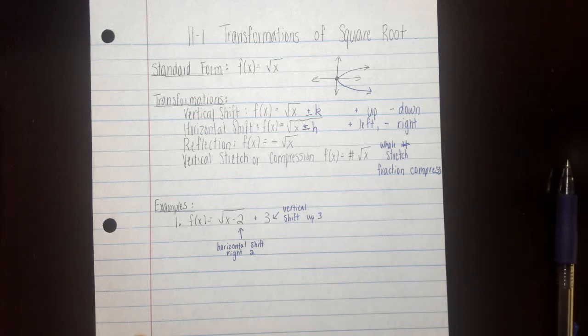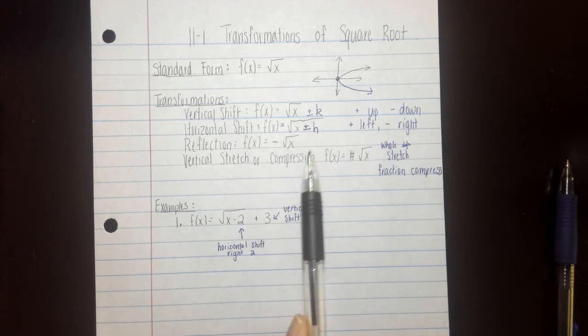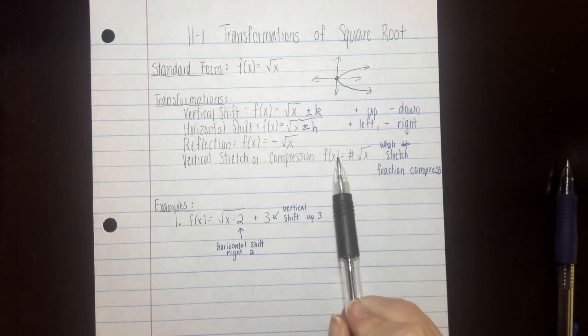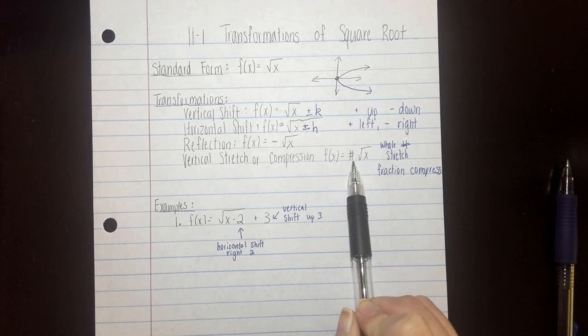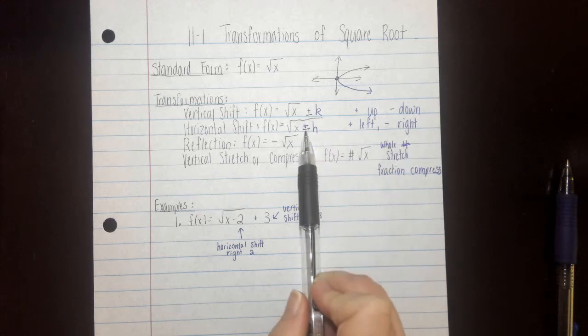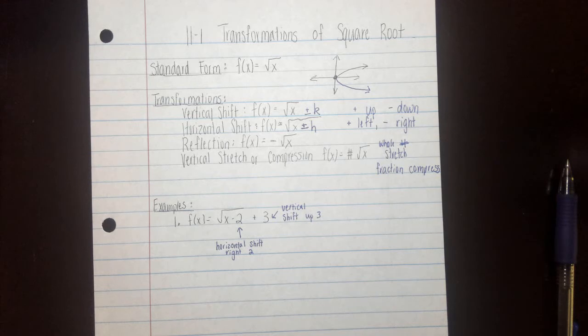And then the last transformation that we're going to talk about is a vertical stretch or a vertical compression. That's what makes it wider or more narrow. In an equation, you know that it's a stretch or a compression because there's going to be a number in front of the radical, or in front of the square root. Everything else has been after or within, but with a vertical stretch or compression, you're going to have a number in front of the square root sign.